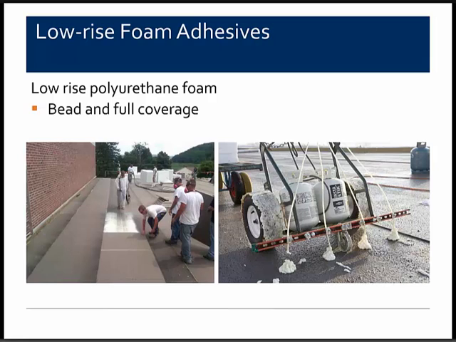However, the equipment's very costly, and the folks that do this type of application really need to know what they're doing so that they get the proper coverage, the proper mix, and that they don't wind up clogging up the machinery. We've seen on the East Coast some specialty subcontractors who all they do is put down the spray foam adhesive, and they do a very good job, but they just go from job site to job site, being a subcontractor to a roofing contractor.